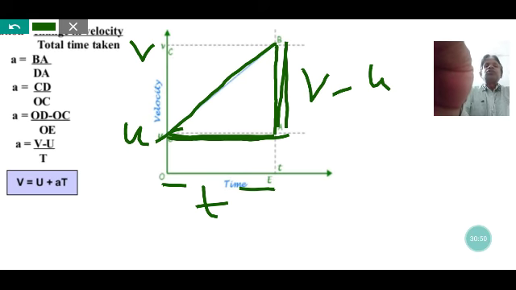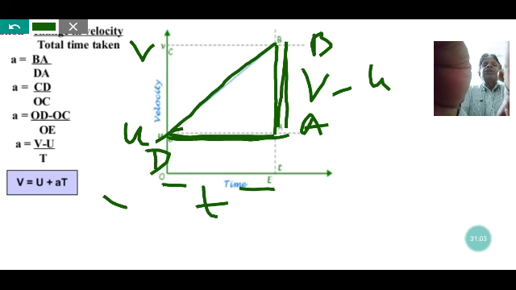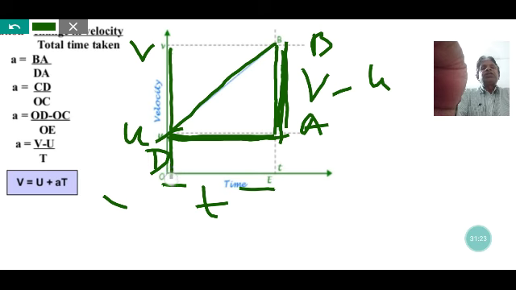So we can say that here a is equal to BA by DA, that is the slope, where the velocity BC is taken as V, the total velocity, and we subtract the change of velocity.